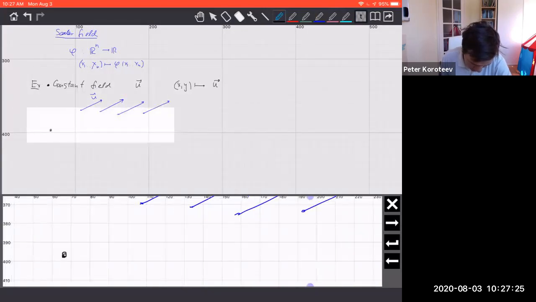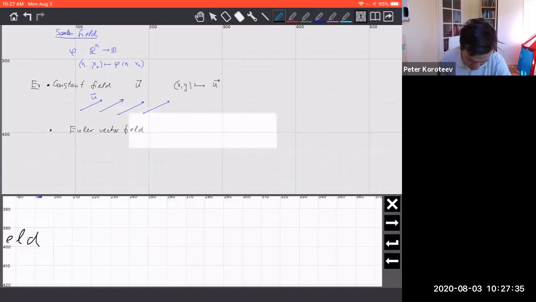Okay, next example, this is the so-called Euler vector field. Let me just write the formula, and then you can try to describe how it looks. Let's say it's vector v of x.